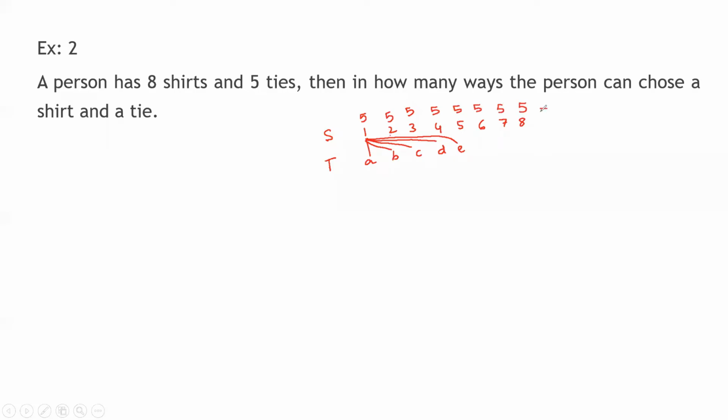So when you add all these possibilities, what will you get? 8 5s are 40 ways. There are 40 ways.